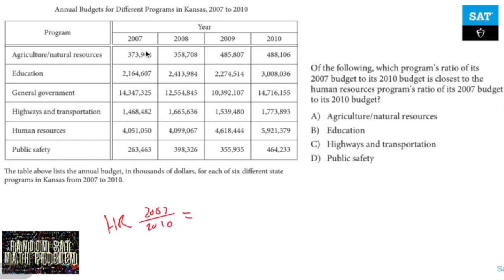Human resources 2007 was 4 million. 2010, 6 million. So I need a ratio that's awfully close to 2/3. All right? So what we're going to do is compare 2007 and 2010 to 2/3, and I need to do just these four.